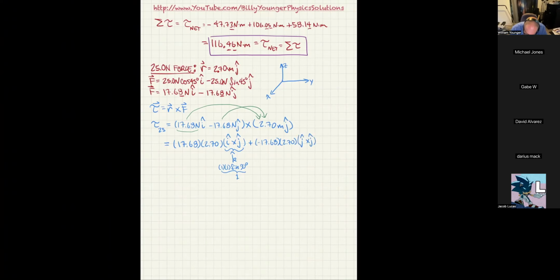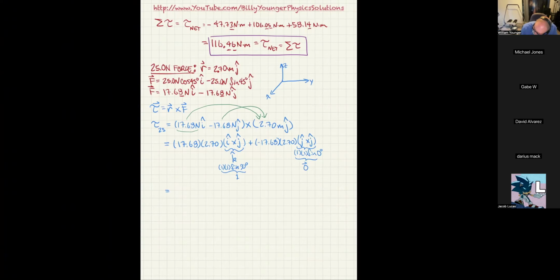So j hat cross j hat is 1 times 1, because both j hat and j hat have magnitudes of 1, times the sine of 0 degrees, because j hat and j hat are parallel, so the angle between them is 0. So that means this is our 0 vector, and in fact our total torque is just this answer, 17.68 times 2.70 positive times 1.